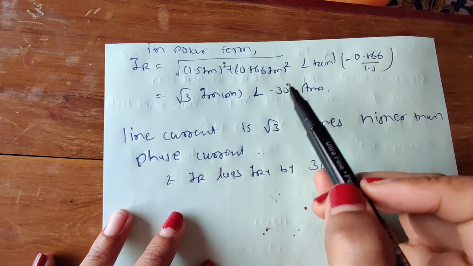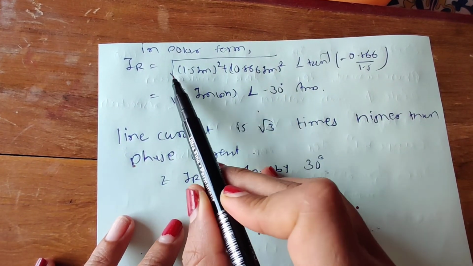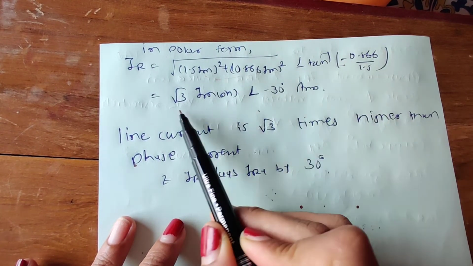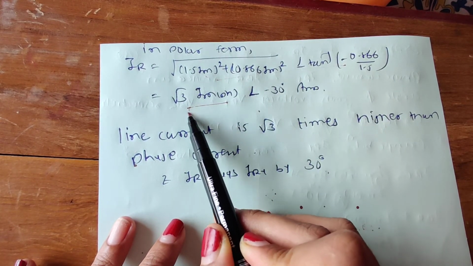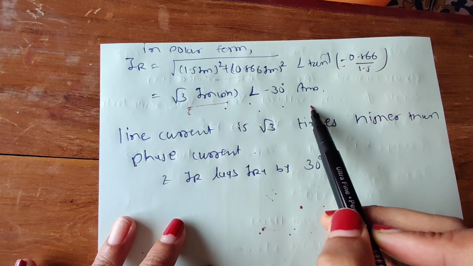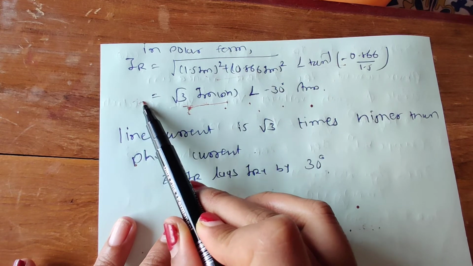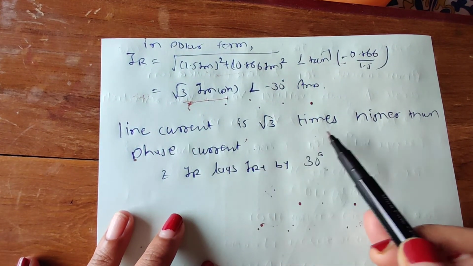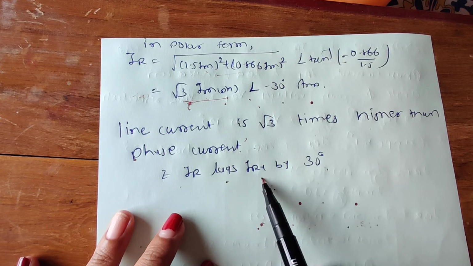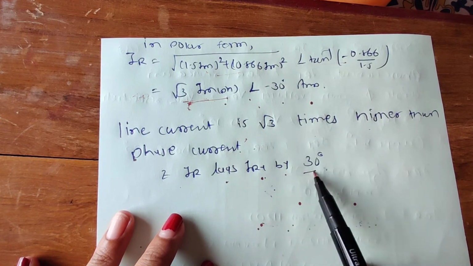In polar form, the equation gives the value root 3 IMPH with an angle minus 30 degrees. This is called the I of R line current, which is root 3 times higher than the phase current, and I of R lags IRY by 30 degrees.